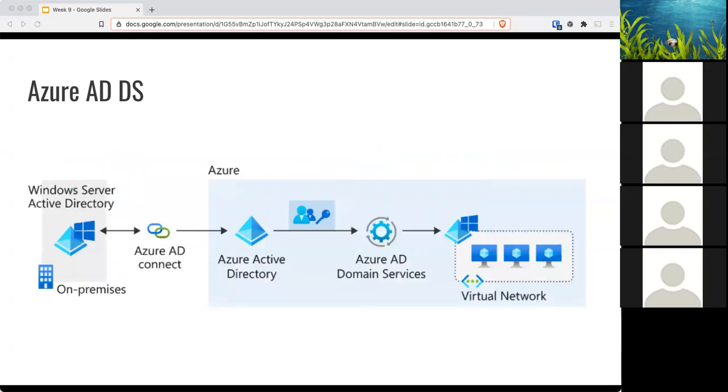ADDS lets you add virtual machines to a domain without needing domain controllers. Internal staff users can access virtual machines by using the company Azure AD credentials. This can help reduce complexity from migrating on-premise apps to Azure.